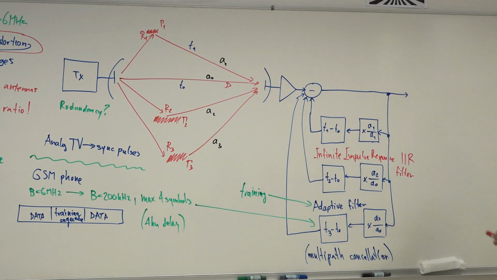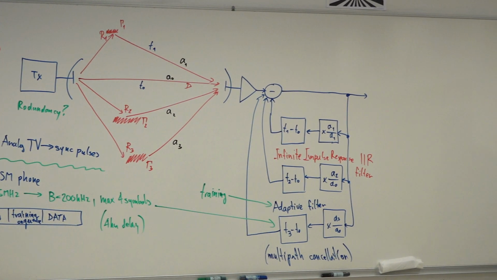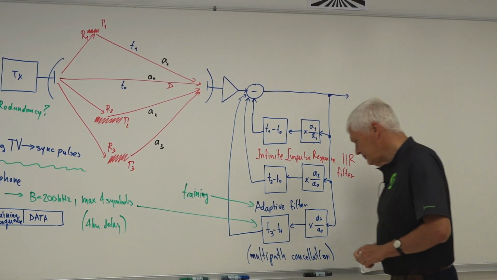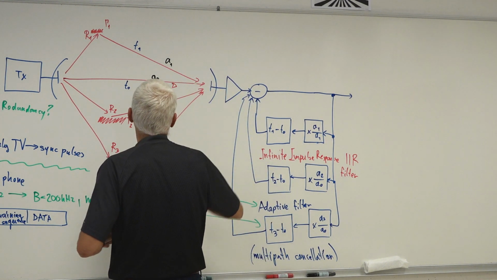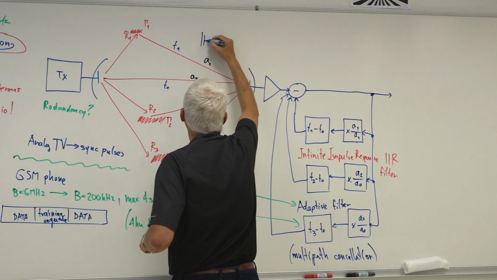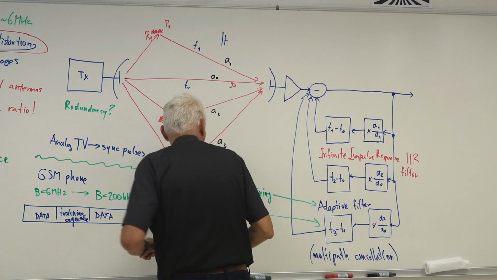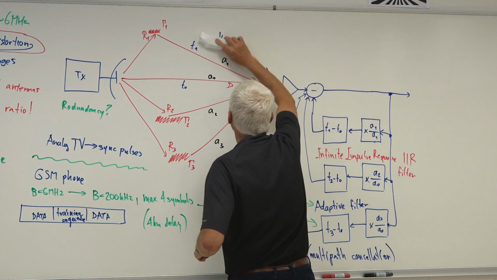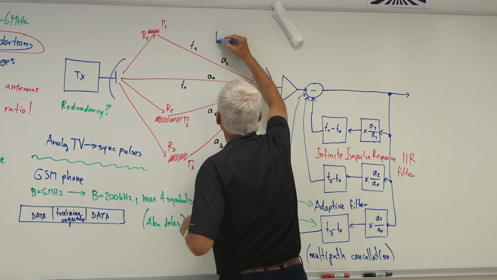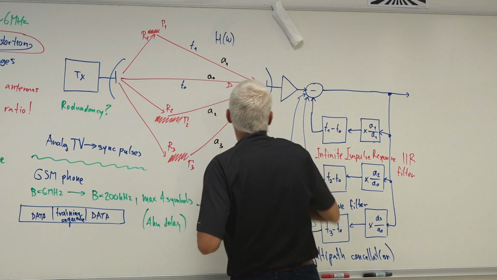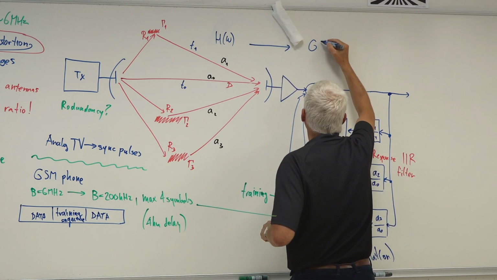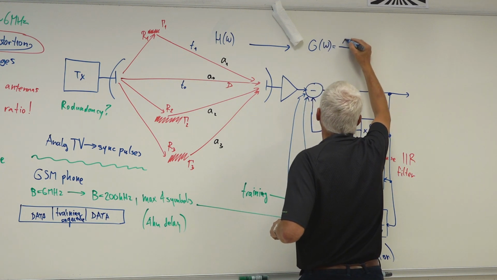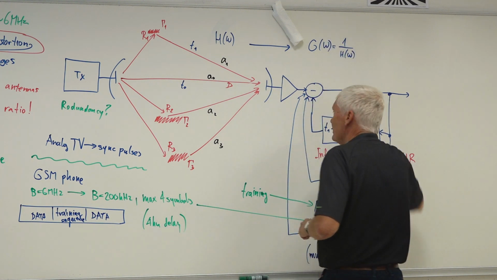And infinite impulse response filters have their own problems. What is now the problem of the filter? If my multipath has a certain transfer function, say h of omega, then our filter should have just the opposite function. This g of omega should be just 1 over h of omega to correct for everything.